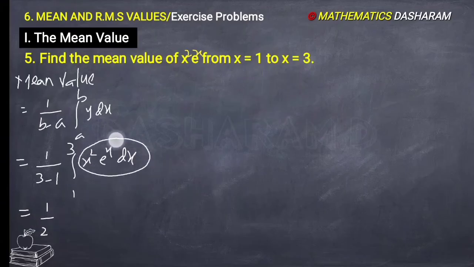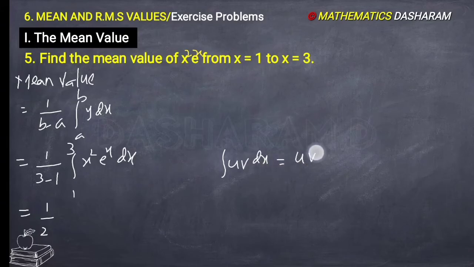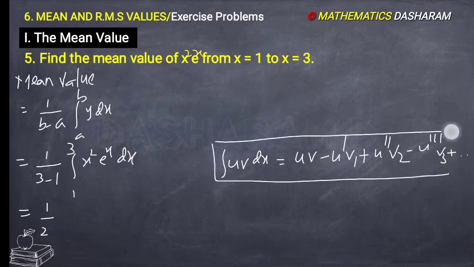Here apply the Bernoulli's rule. So the Bernoulli's rule is integration of u into v dx equals to u into v minus u dash into v1 plus u double dash into v2 minus u triple dash into v3 plus and so on. This is the Bernoulli's rule.